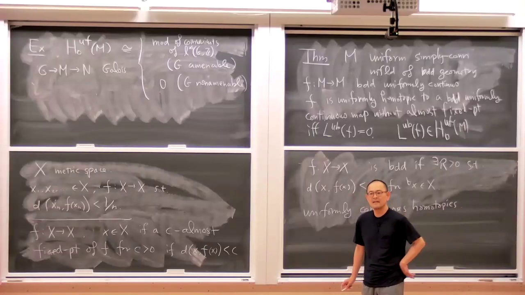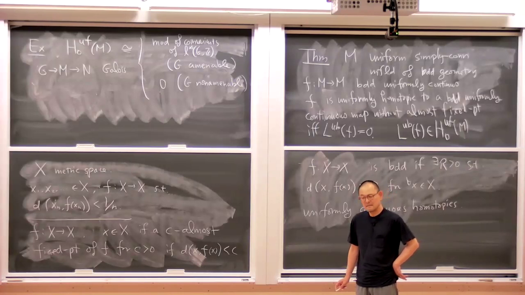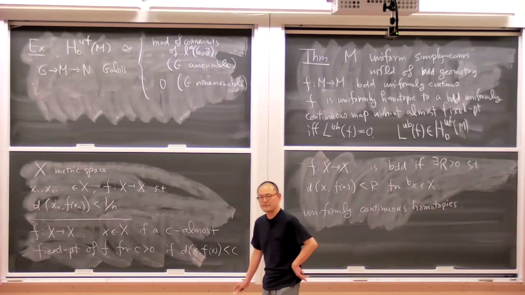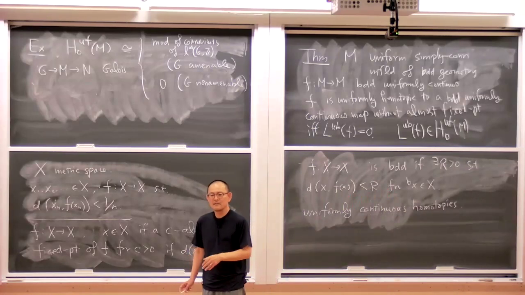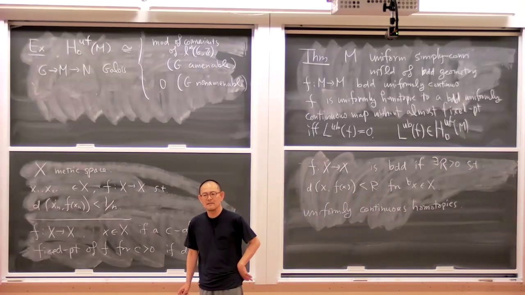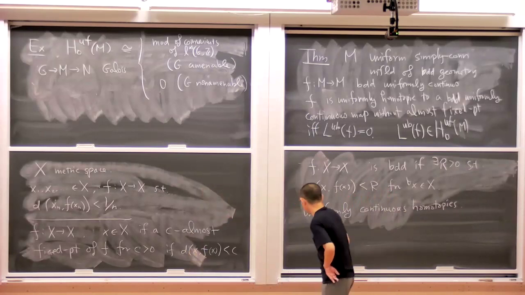So for every map there's going to be a C such that there's a C-almost fixed point.